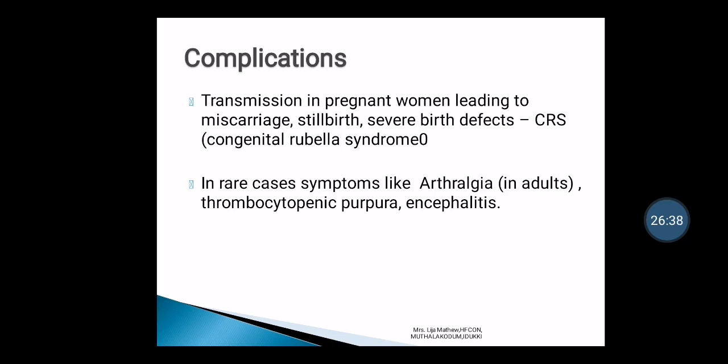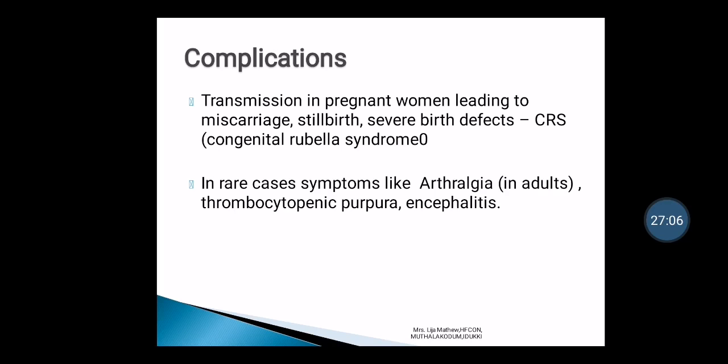What is miscarriage? Abortion. So miscarriage, abortion, or stillbirth. What is stillbirth? That means the baby will already be dead when born; inside the womb the baby will be dead. So it can cause stillbirth. Otherwise some severe birth defects can also occur, which is known as CRS, congenital rubella syndrome. That is the bracket; close the bracket after syndrome.